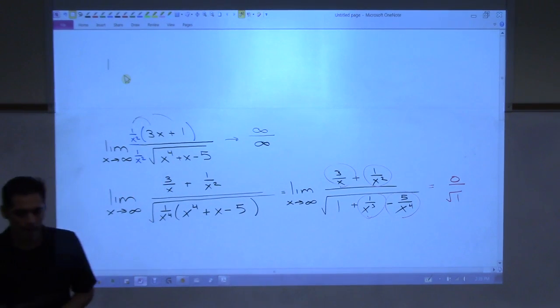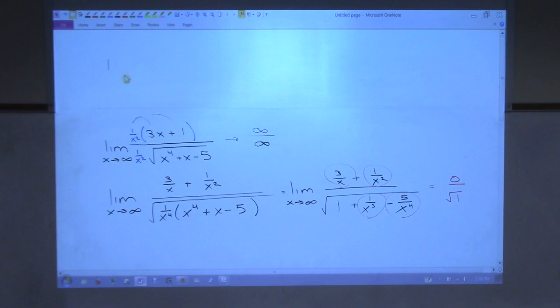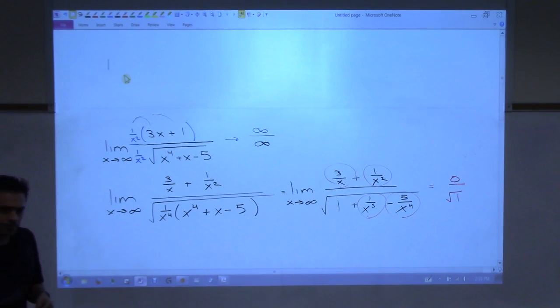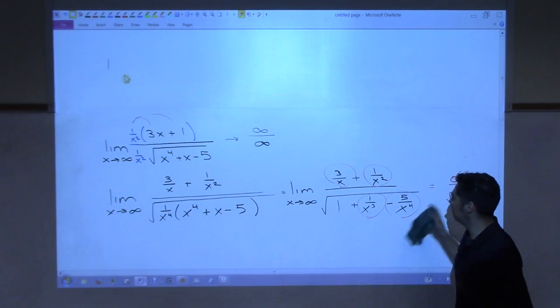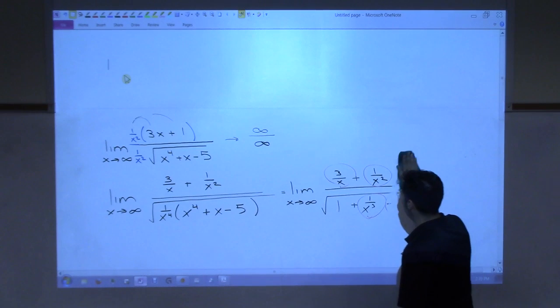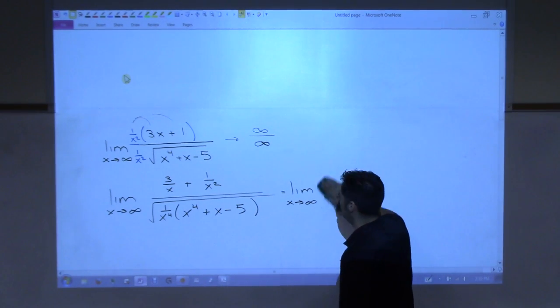Yes? Why don't you just square top and bottom and then do it right there? The question is, why don't I just square the top and the bottom to get rid of the root? Then you have to factor out the top. That's a good question. What do y'all think?